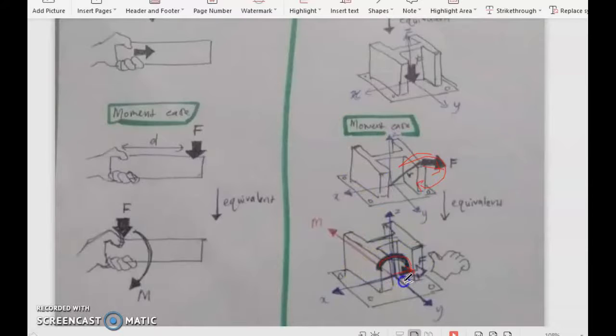When you represent this rotation with your right hand rule, it will show that the direction of the moment is in this way, along your thumb. So here you can put the moment also from the origin, this way. This is your moment, and this is your F.